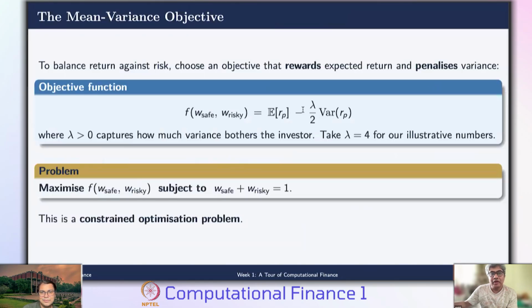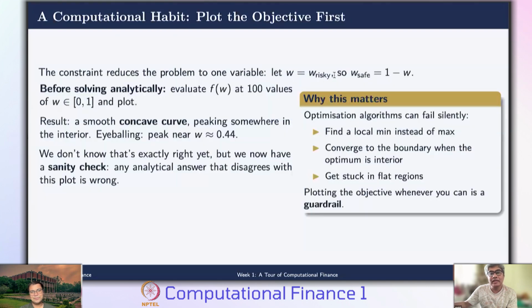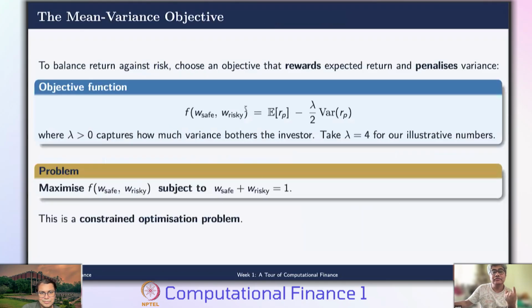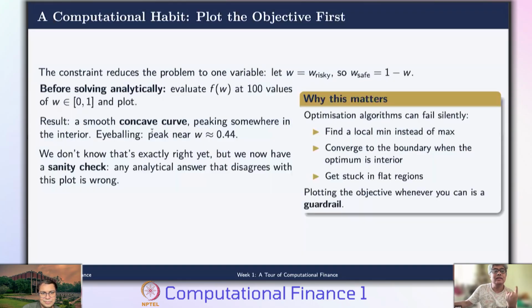Lambda I will take as 4. If W risky is 0.01, 0.02, 0.03 up to 1, then obviously W safe will be 1 minus W, and I will see where I get a nice curve, and then I will see where the curve is peaking. Suppose the curve peaks at W equal to 0.44.